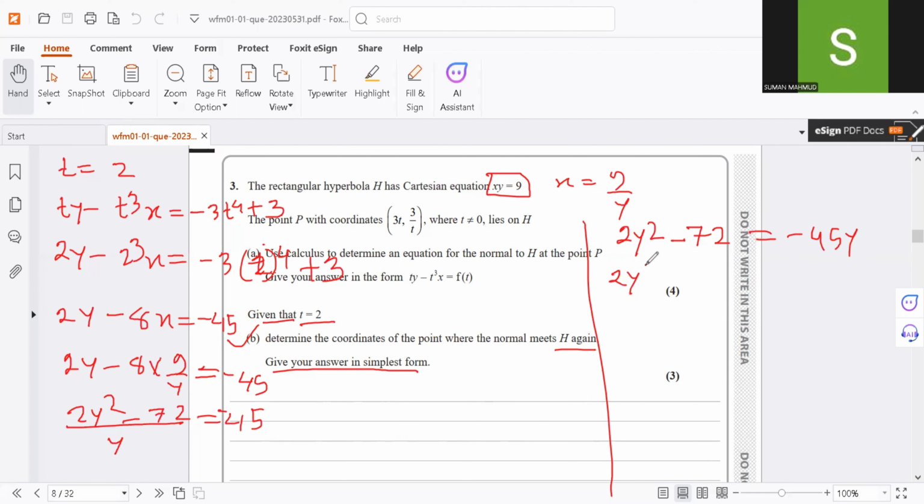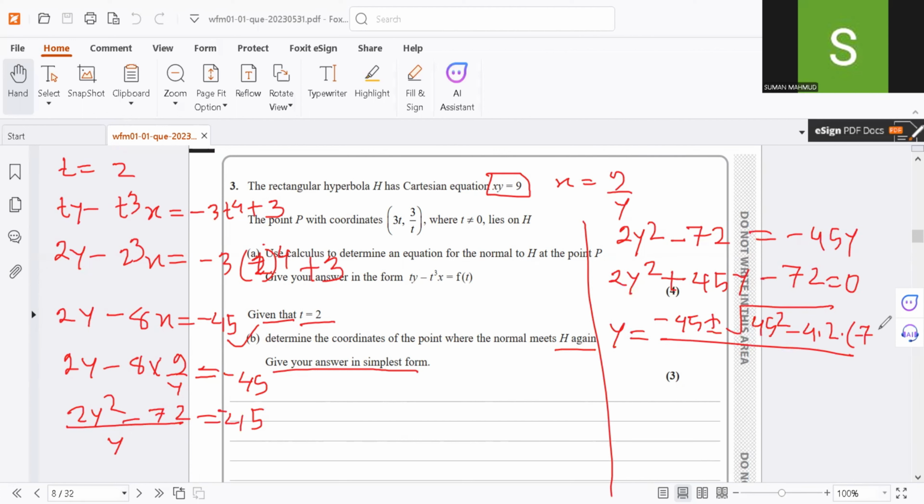Make a quadratic equation: 2y squared plus 45y minus 72 equals 0. Using the formula, y equals minus 45 plus or minus the square root of 45 squared minus 4 times 2 times minus 72, all over 2 times 2. By using a calculator, we get 3/2 and minus 24 finally.